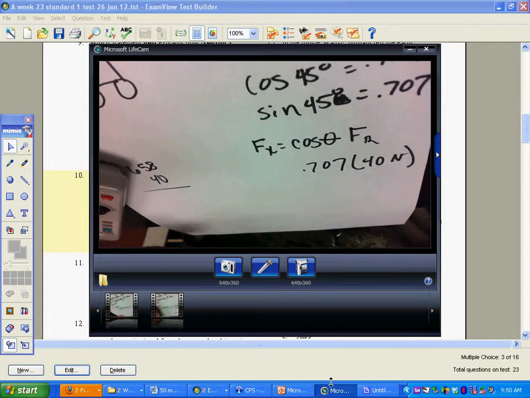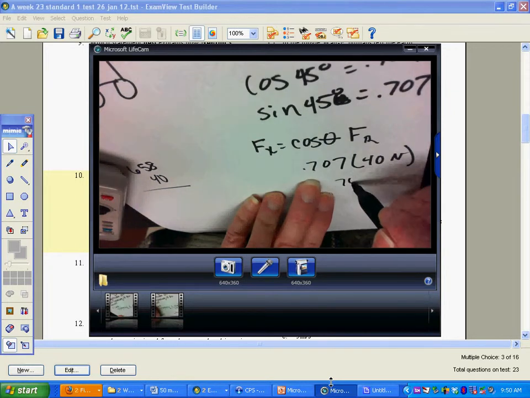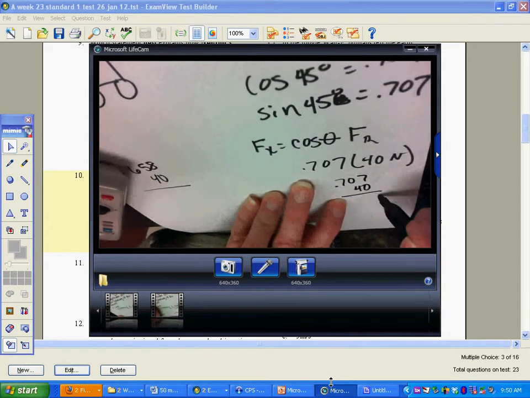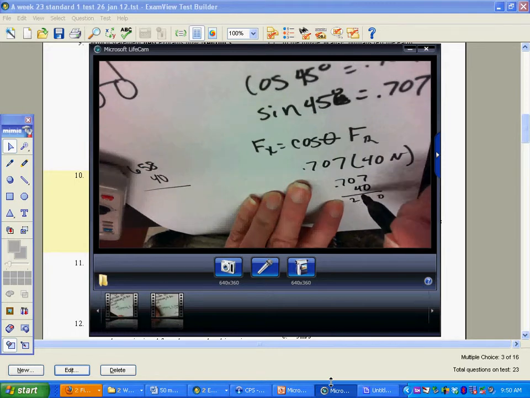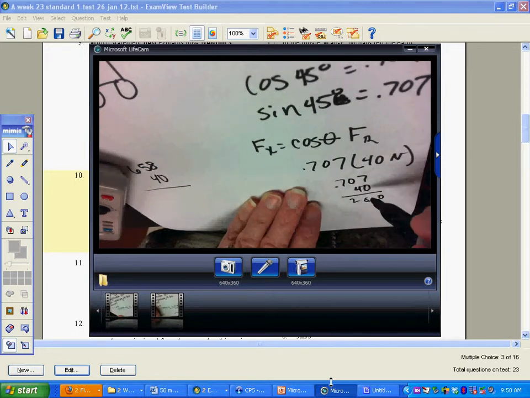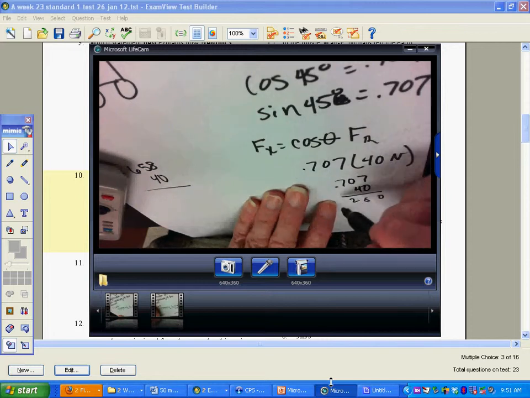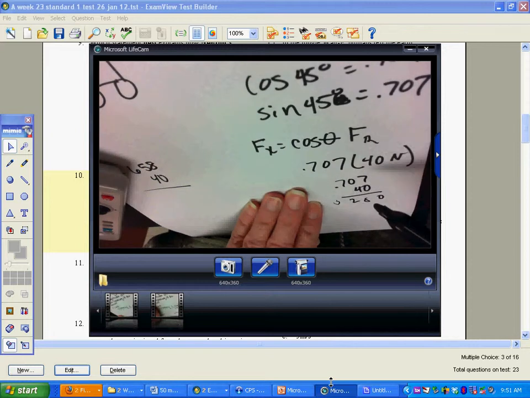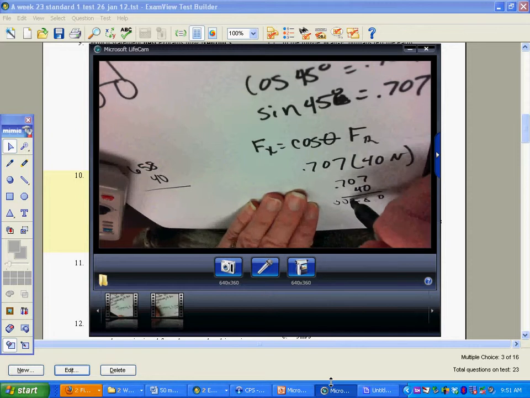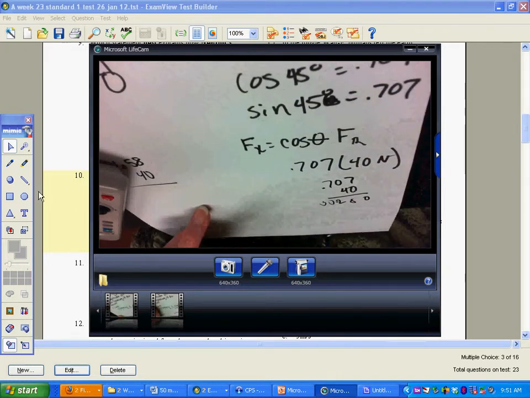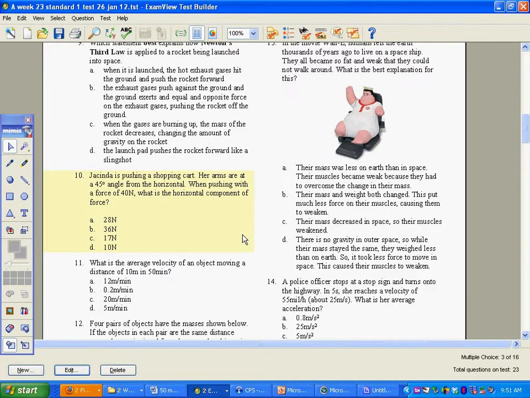Okay, so I can go ahead and work out the whole problem. 0.707 times 40: 0, 8, 2, 8, 2, 4 times 7, 28. 30, 1, 2, 3. Okay, now what was my closest answer choice to that? 28. Does that make sense?